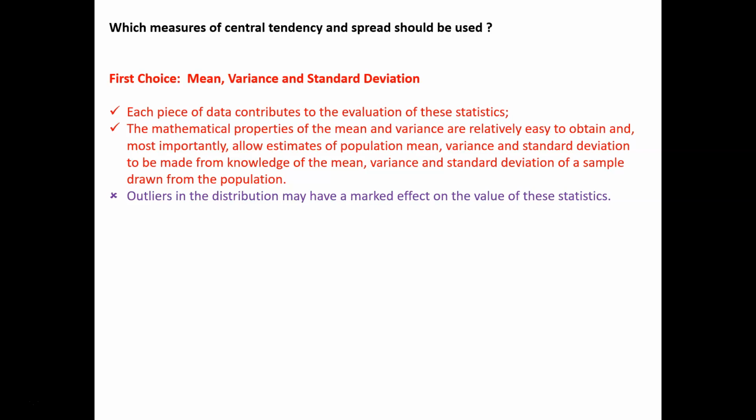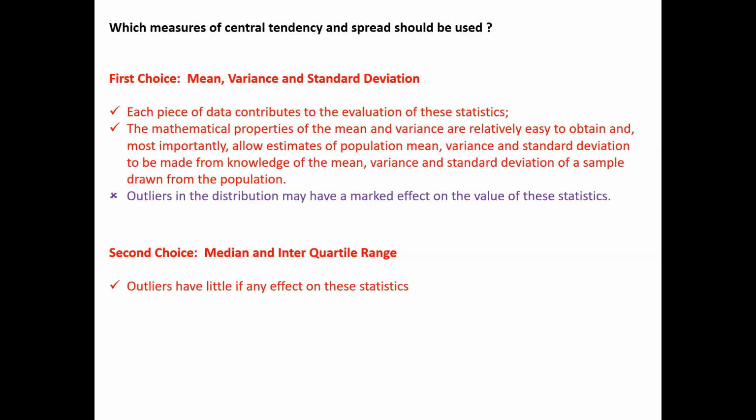The disadvantage of these statistics is that outliers in the distribution can have a marked effect on the value of the statistics. Our second choice should be the median and the interquartile range, which has the advantage that outliers have little, if any, effect on these statistics, and that box and whisker plots, together with the plot of the outliers, give good visual comparisons between distributions.